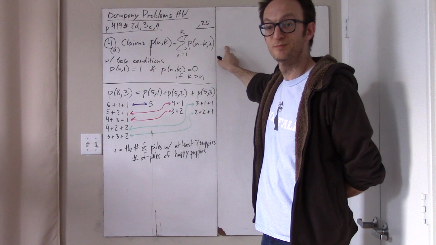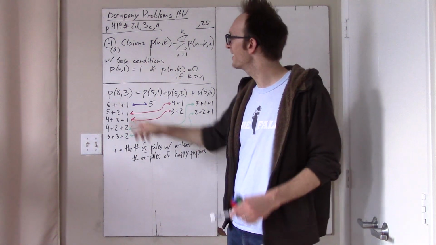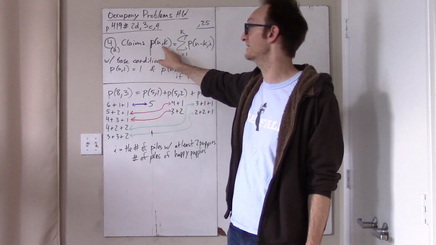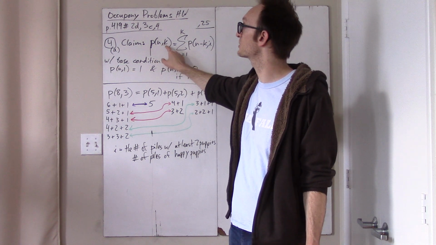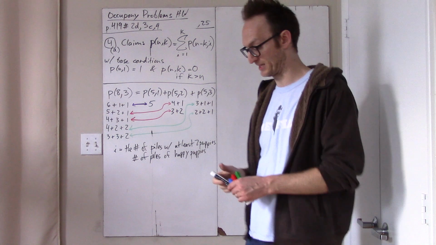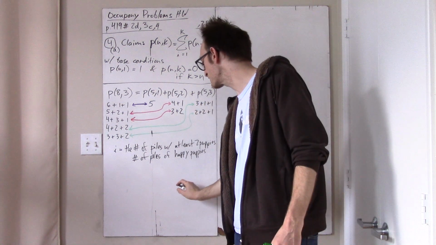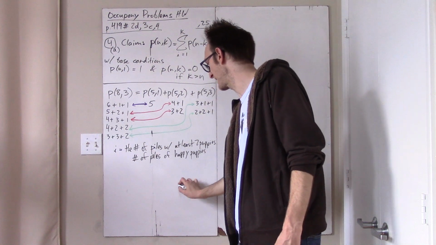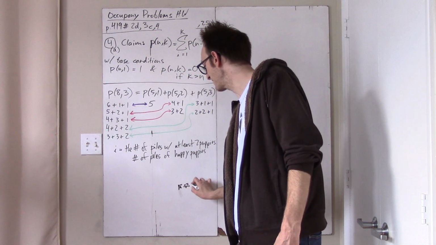Oh, here we go. In the original counting, the thing that we were claiming that both sides count, the number of ways to distribute n objects into k piles, where no pile is empty, there's always a puppy, not necessarily happy, in every pile.